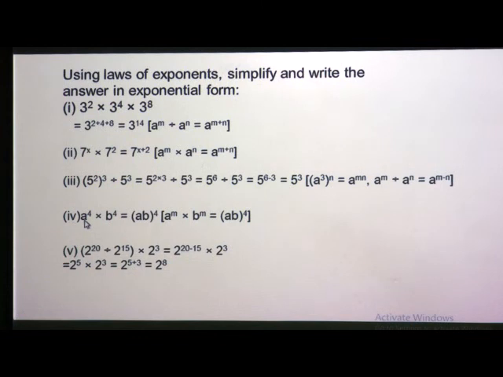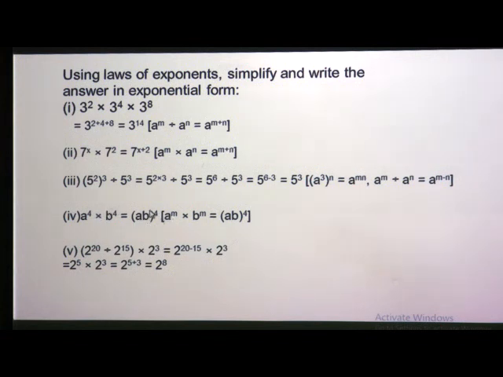Now, one more here, a to the power of 4 multiplied by b to the power of 4 is equal to, here what you can find is that the bases are different but the powers are the same. The bases a and b are different, the powers are the same. Before, in some examples, we had seen this, the power should be taken as common because both are the same.